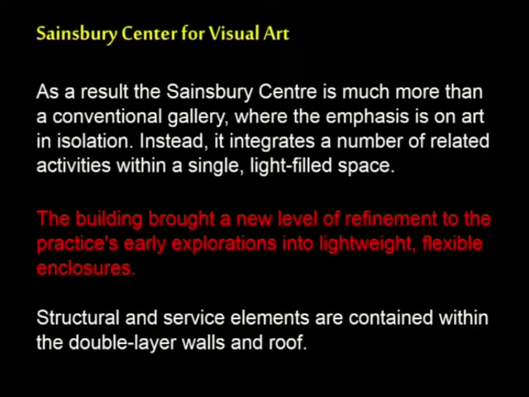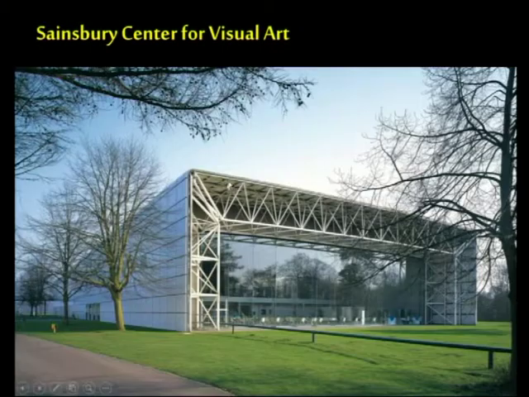Structural and service elements are contained within the double layer walls and roof. You see the double layer wall and roof. So all the structural and service systems are completely contained within this, to give a very clear space for the activity itself. Nothing related to structure or services will ever disturb the function in this project.